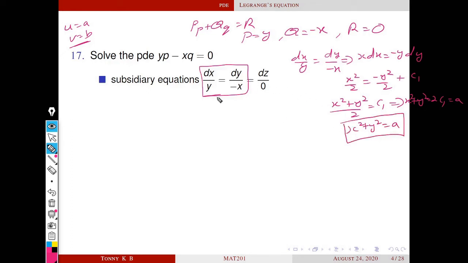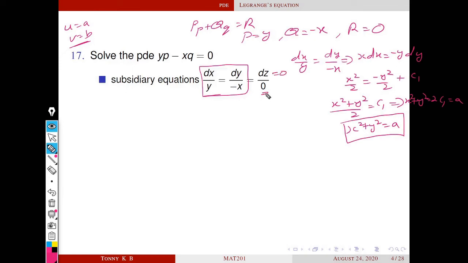And we have to find one more solution using these subsidiary equations. One ratio is dz by 0. We can easily find one solution using such ratios if the denominator is 0. Once the denominator is 0, then you can equate the numerator also to 0.